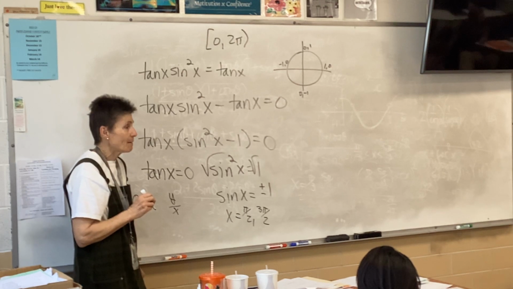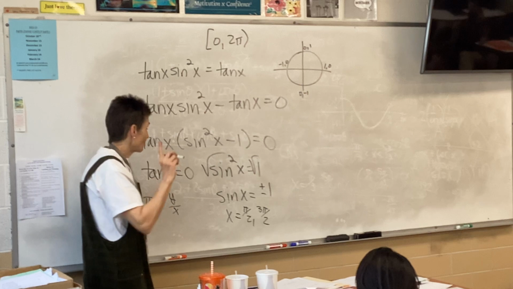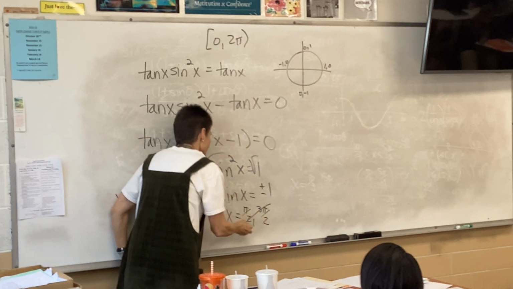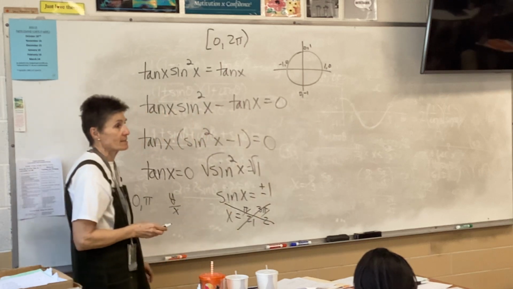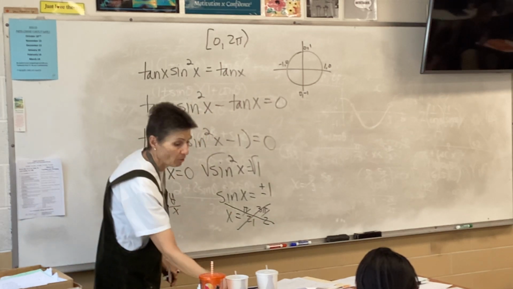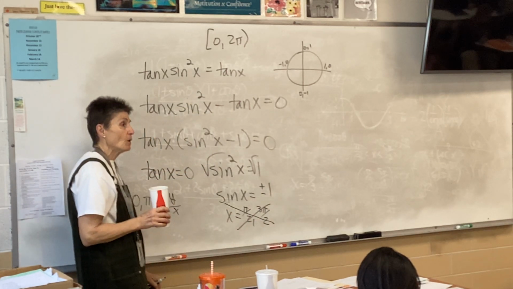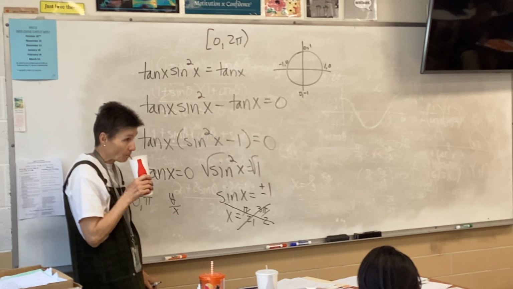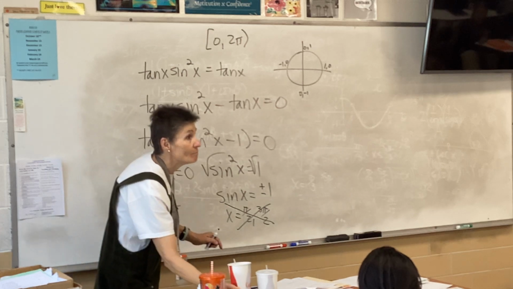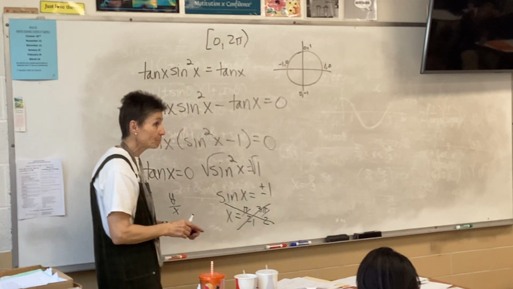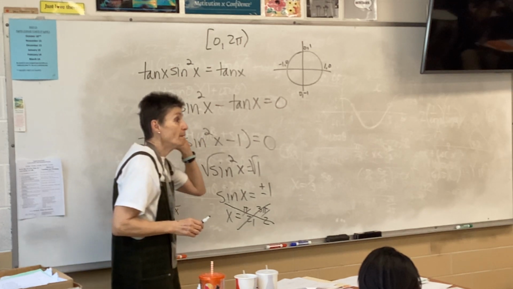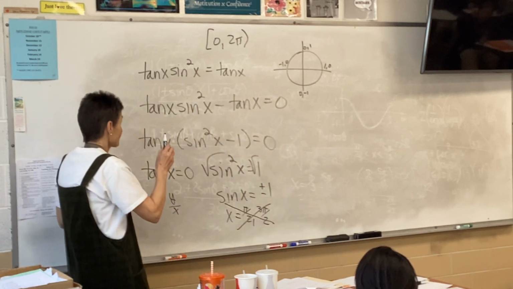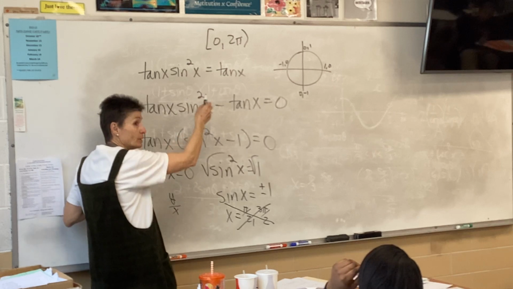Now, this is big time math, kids. We've got to pay attention to lots of things. These answers are actually extraneous. Can anybody tell me why those two answers are extraneous? Well, I want you to go back to the original equation.